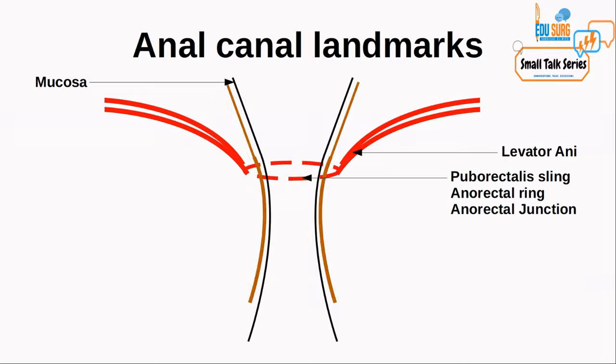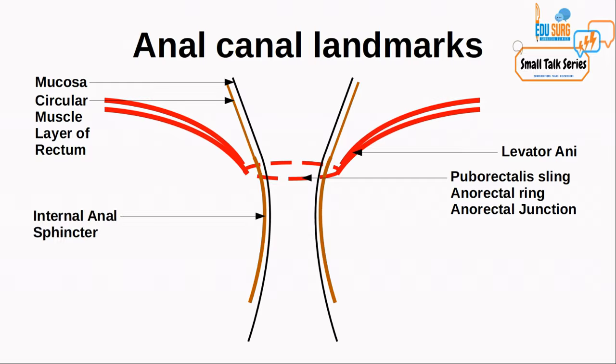Outside the mucosa is the circular muscle coat, and this circular muscle layer of the rectum below the puborectalis sling forms the internal anal sphincter. I would again say that please don't get worried if you don't know these muscular layers, because the muscular anatomy of this part is going to be a separate video.